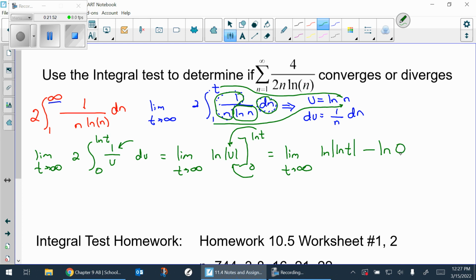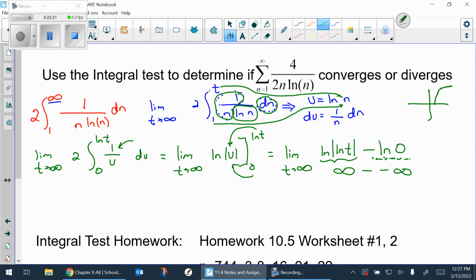Well, this is pretty darn interesting. This right here, the natural log of a huge number, is a huge number, minus the natural log of 0. Well, it doesn't even exist. You can't have the natural log of 0. I know it does approach negative infinity as we look at that natural log graph.